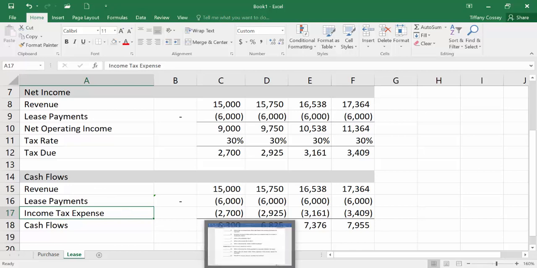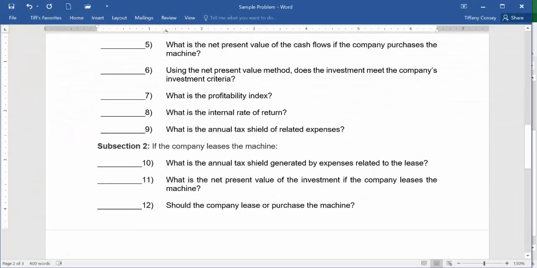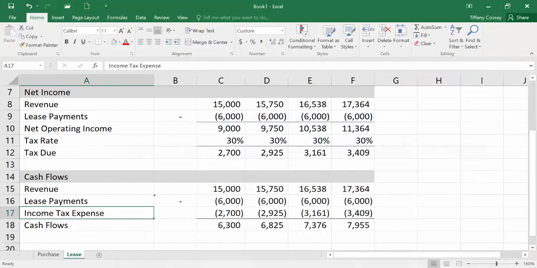So looking back at the problem, it asks, what is the net present value of the investment if the company leases the machine? And so I have all of my cash flows.